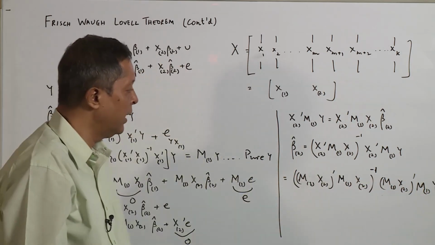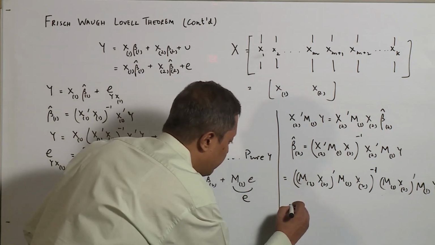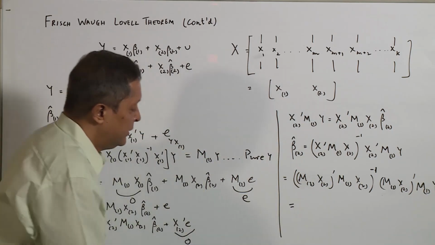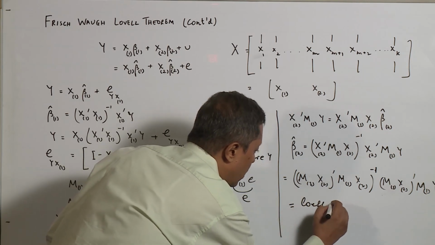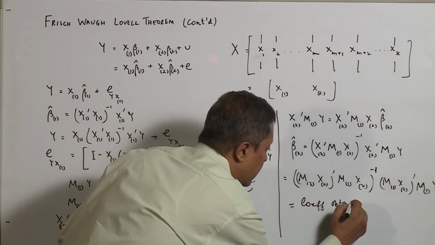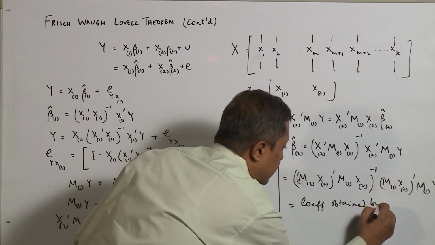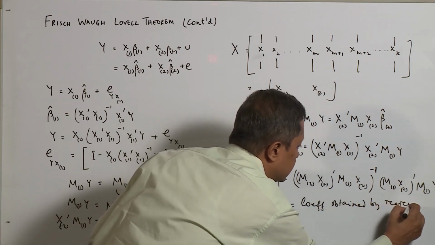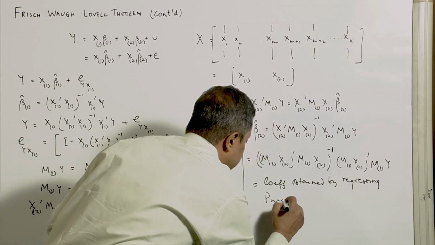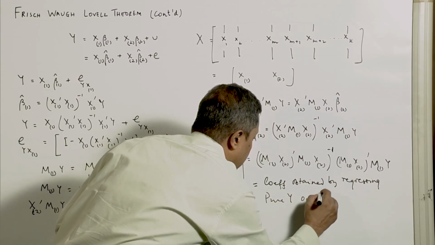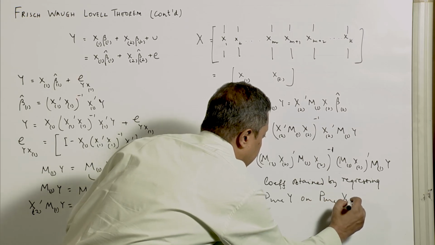So, that is the generalization which gives us the result that beta 2 is the coefficient obtained by regressing pure y on pure x2.